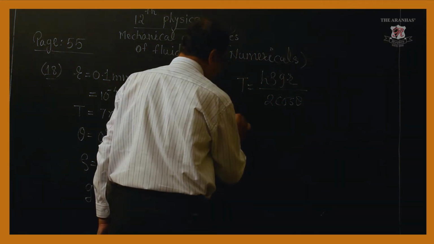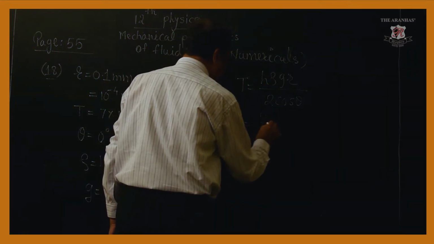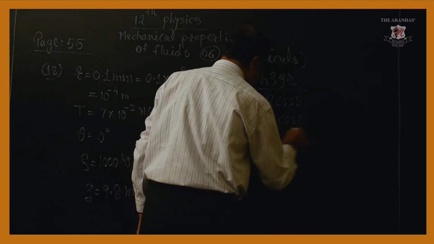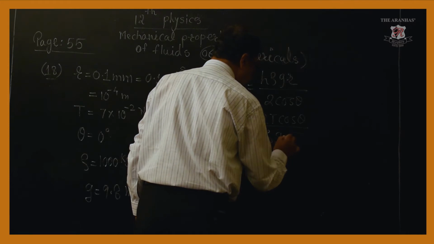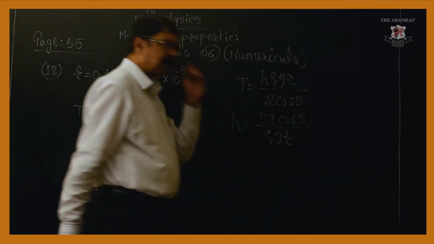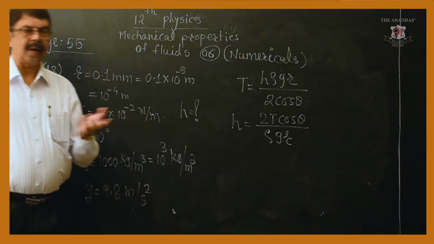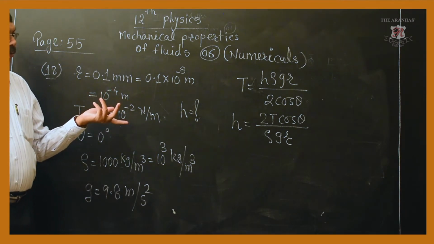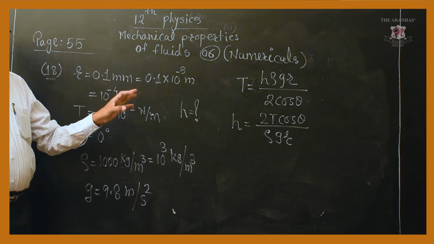Convert it for h. h equal to 2T cos theta upon rho g r. The simplest of numericals. It is a 2-mark question, with very few calculations.